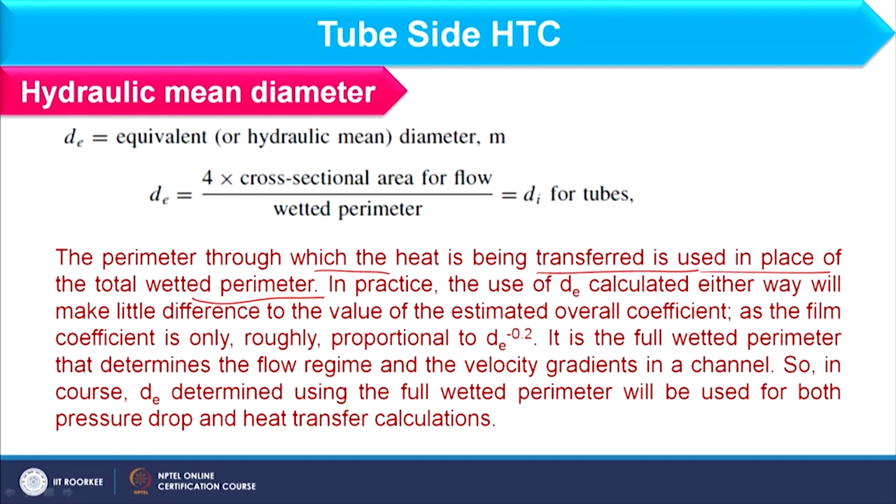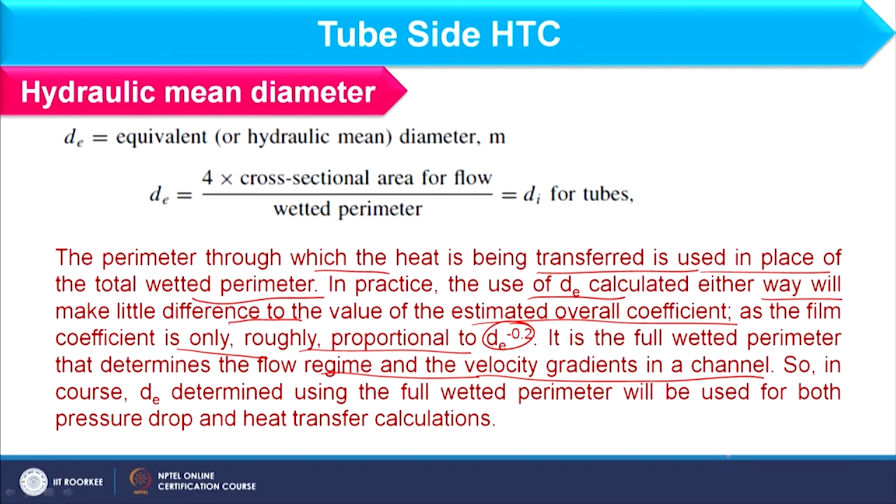In practice, the use of dE calculated either way will make little difference to the value of the estimated overall coefficient, as the film coefficient is roughly proportional to dE power 0.2. It is the full wetted perimeter that determines flow regime and velocity gradient in a channel.